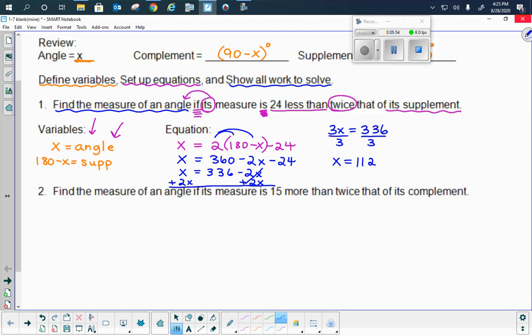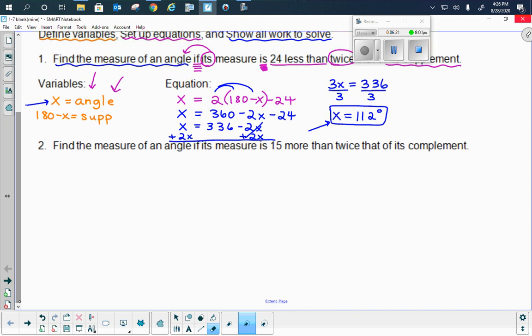So the question is x that I got right here, is x the angle? And you should be looking at the variables that you defined over here. X is definitely the angle. So x is what I want, and if it's an angle, it better be degrees. Okay. So there is your final answer for that question.